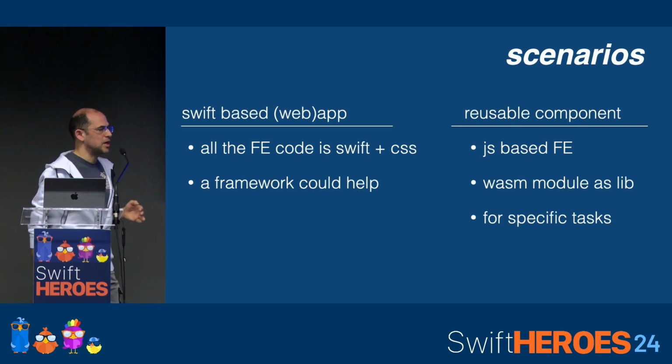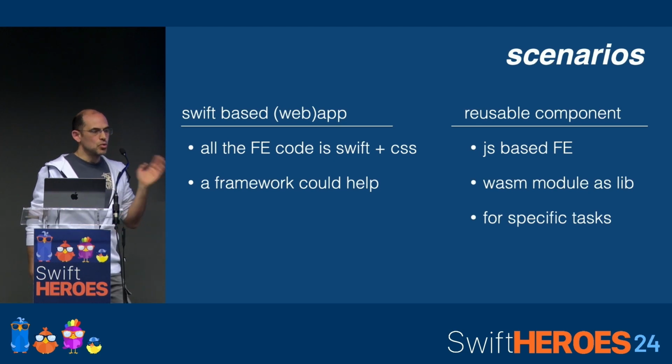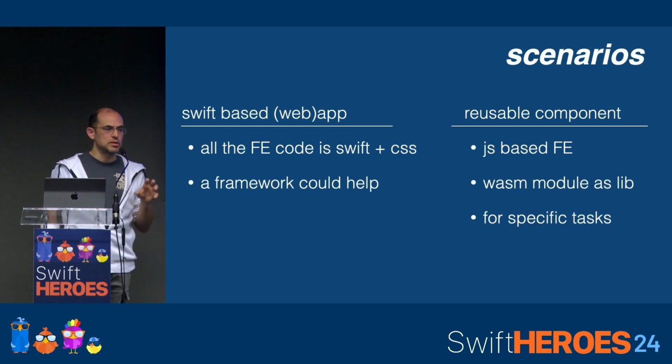Maybe you have a mobile application that has some kind of algorithm built in Swift, but I want to use it in a web application. You can do that because you can extract only the functionality that you need. You build it in a WebAssembly module, and you can let your JavaScript frontend interact with this module directly in the browser.